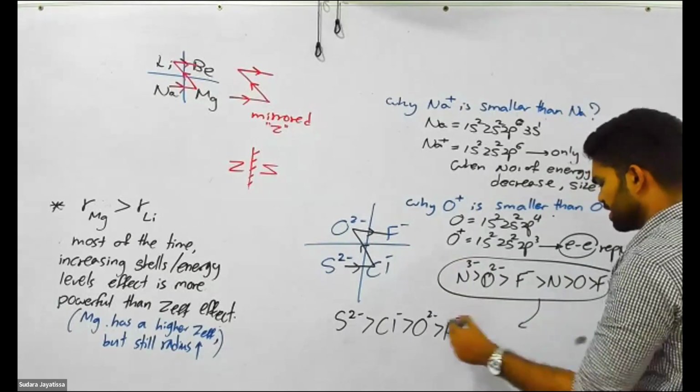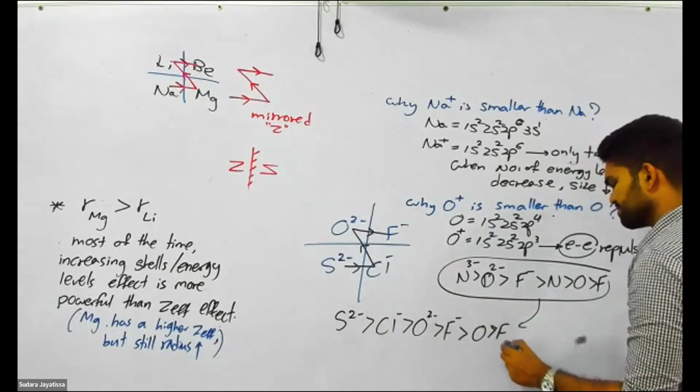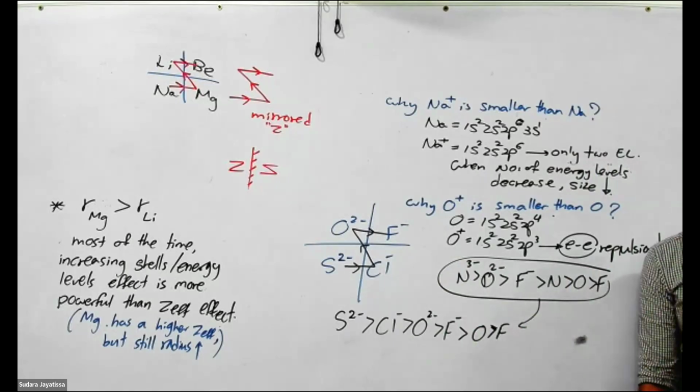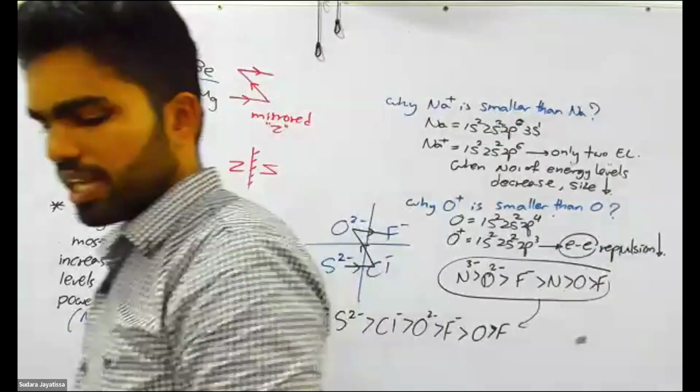You can say now F minus is larger than oxygen and fluorine. That's how answer one comes. Clear? Is that clear, online students? You all understood?